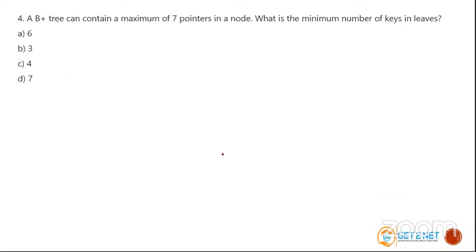Right. Last one. A B plus tree can contain a maximum of 7 pointers in a node. What is the minimum number of keys in leaves? 7 pointers are there in a node. That means how many keys are there? It's quite easy. 7 pointers.